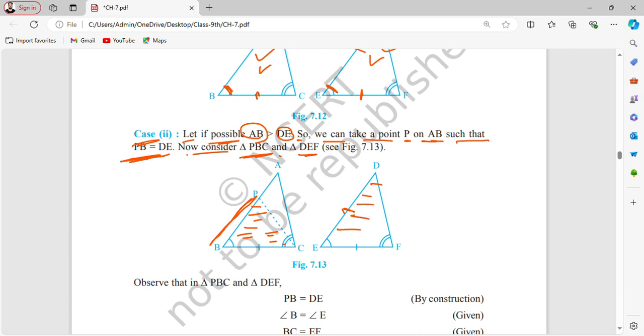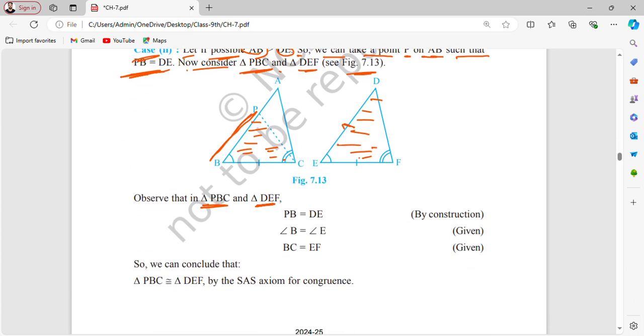In triangle PBC and triangle DEF, PB is equal to DE by construction, and angle B is equal to angle E. This angle is equal to this angle, it is given.